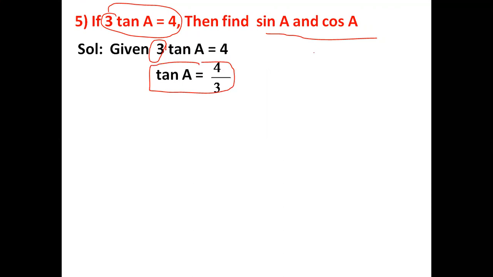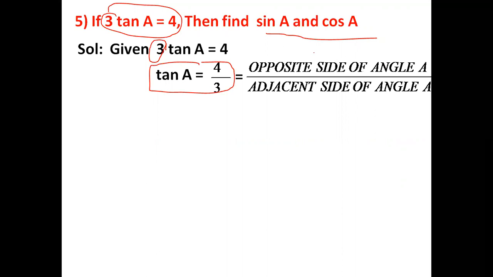So take the right angle triangle. What is the ratio of tan A? That is opposite side of angle A by adjacent side of angle A. So here angle A is there. So I am writing here angle A and angle A. Suppose if theta is there, you have to write theta and here theta.